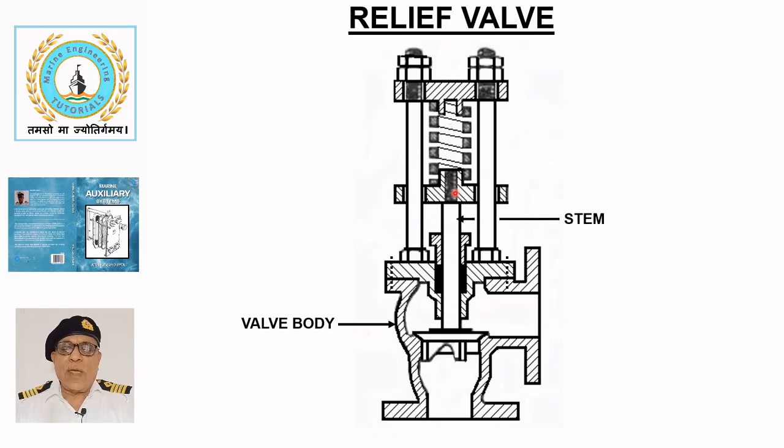A stainless steel stem or spindle holds the valve disc closed under the force of a spring. When the fluid pressure exceeds the spring force, the valve disc lifts to release the fluid.